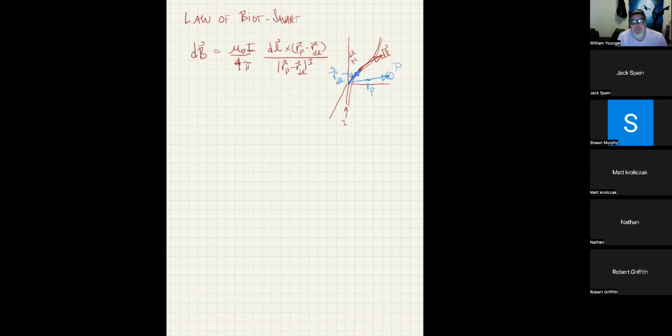And in fact, you see that this looks like a 1 over R cubed law with that 3 exponent in the bottom. That's because what we'd really like to do, and this is what your book did, is take that vector RP minus RDL and make that a unit vector. Because if it's got a size to it, then if I multiply that by the formula mu 0 I over 4 pi times DL, it's going to be increased by the magnitude of that vector.